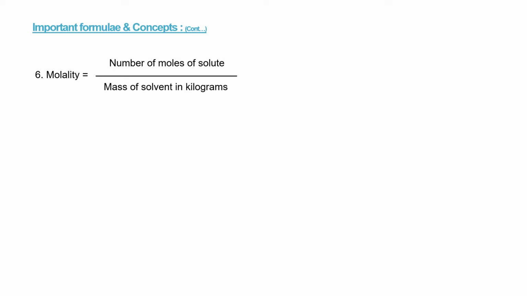When you say molarity, you express your solution in volume, and whenever you say molality, you express your solvent in mass, that is in kg. So molality is a temperature independent quantity and molarity is a temperature dependent quantity.